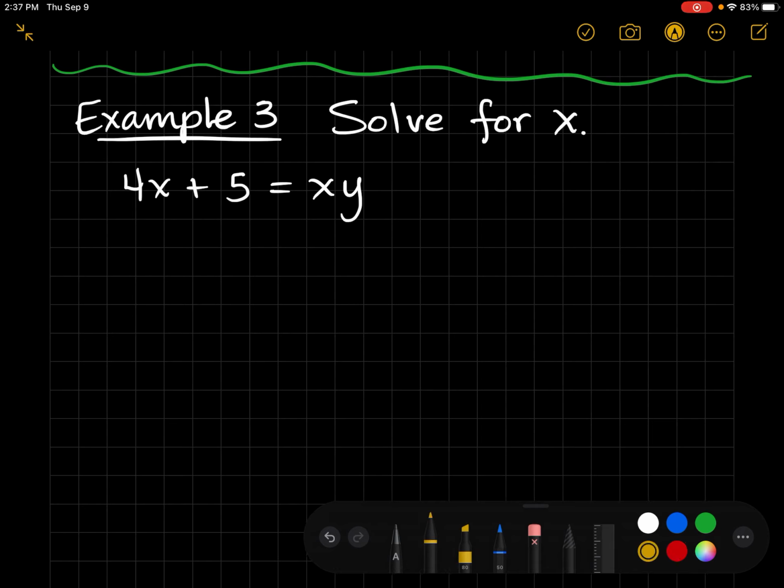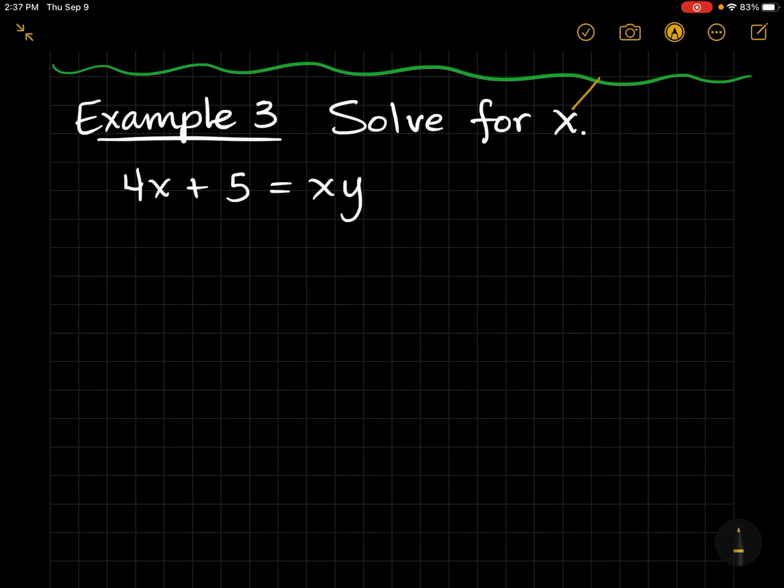I want to solve for x. So again, that means isolate x. But I want you to notice we have x in two locations. So in order to get x by itself, we need to put them right next to each other on the same side of the equation and then factor the x out.